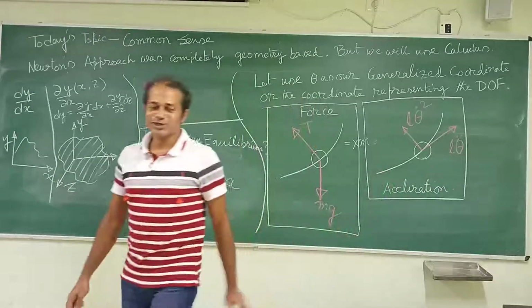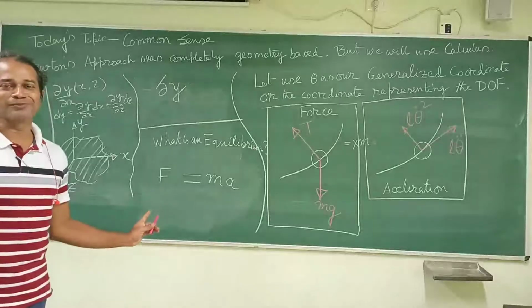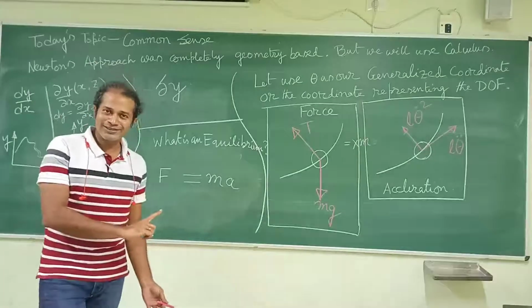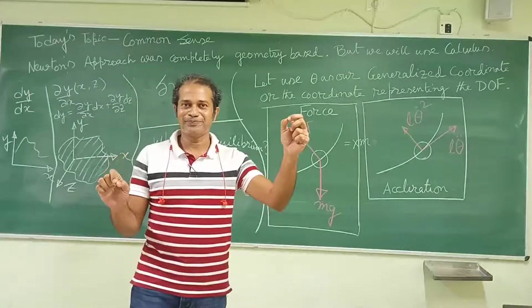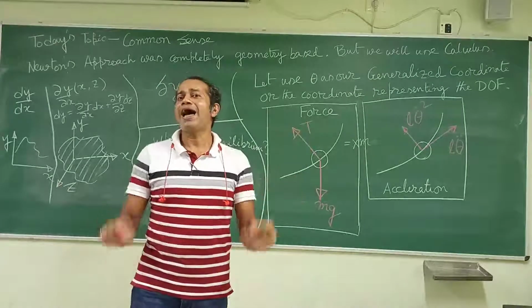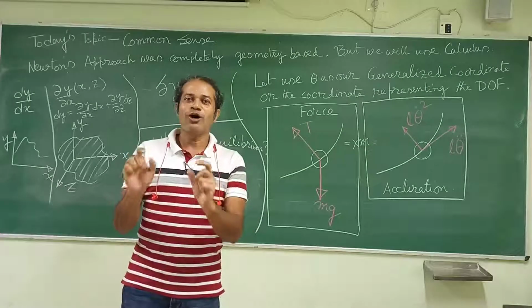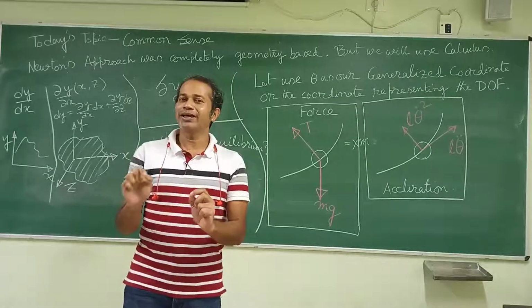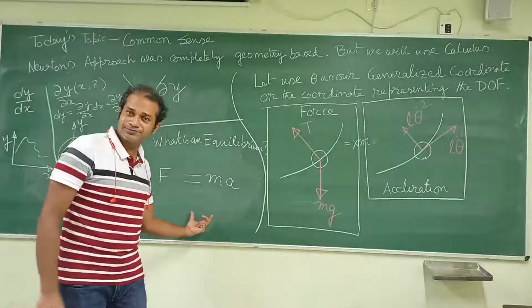Our objective is to get that dynamical equilibrium. In order to get it, I am going to freeze the time. That means at any instant of time, the force on the bob is equal to the mass times acceleration of the bob. That is what the dynamical equilibrium is talking about.